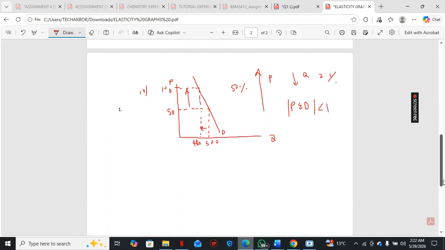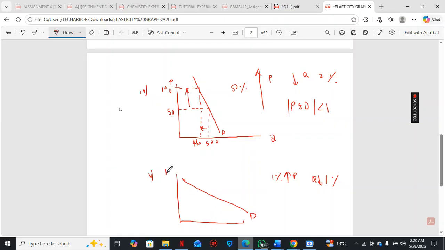Okay. And then finally, when demand is unitary elastic, meaning here if price increases by 1%, quantity demanded is going to drop by 1%. Okay. The change in quantity demanded matches the change in price. Okay. So you have, I would say, a 45-degree demand curve here, like this. Okay, 45-degree demand curve. This is unitary elastic.